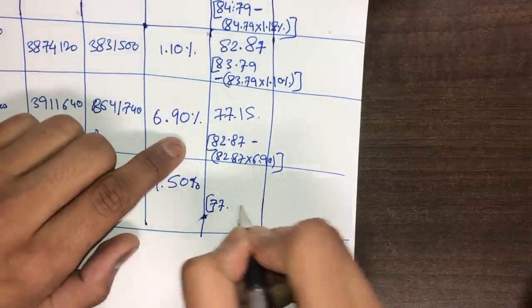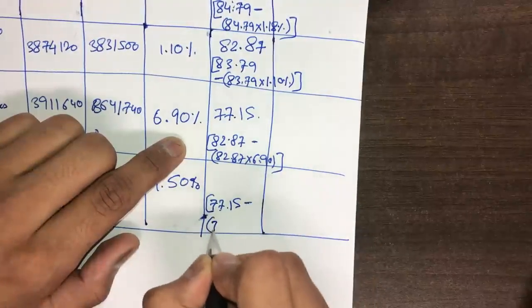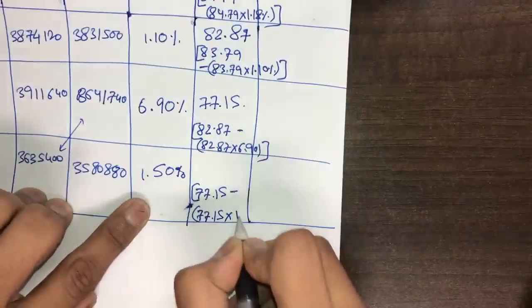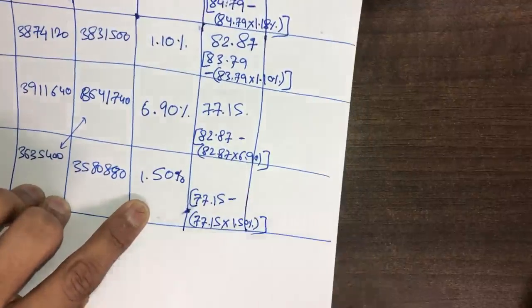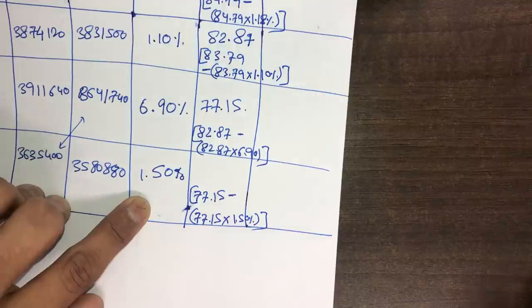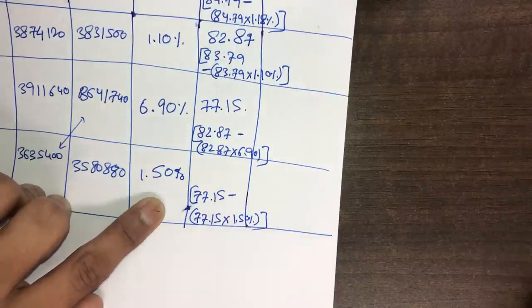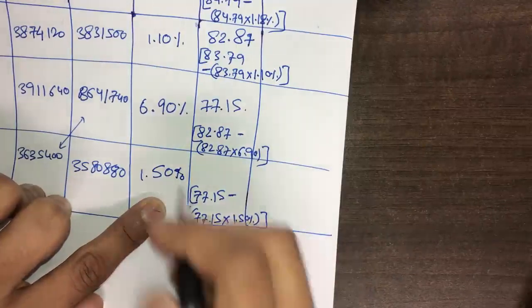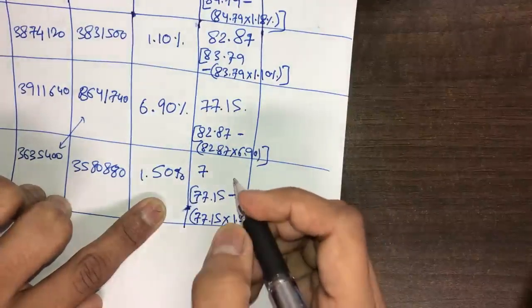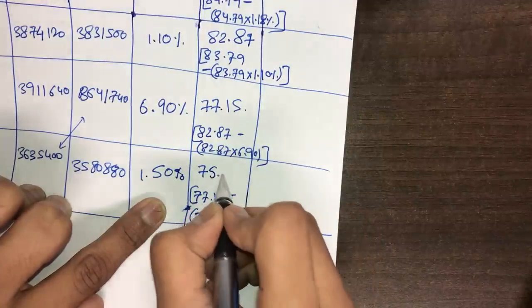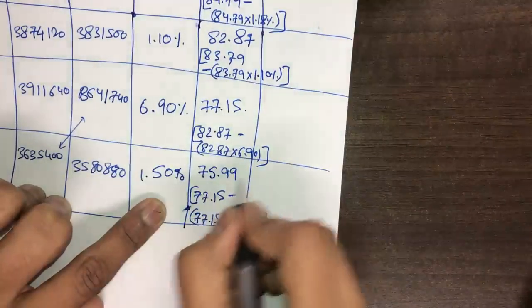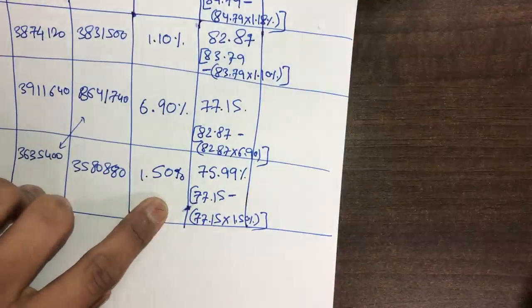Last process: 77.15 minus 1.50, which is the loss percentage of the last process, gives 75.99%.